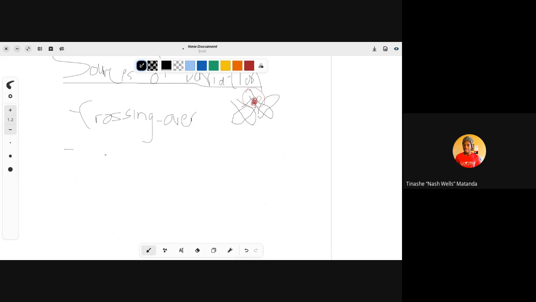Then another source of variation was random assortment. Okay, this is one word. The idea behind random assortment is that during meiosis, you have a cell with chromosomes inside, and these chromosomes are always in constant movement.